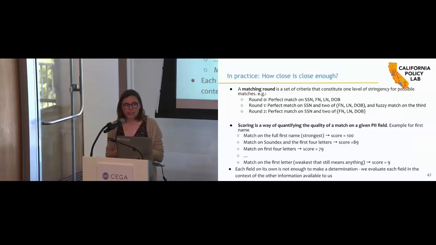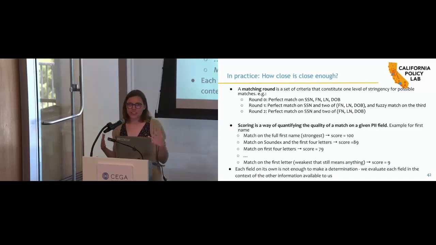Typically a perfect match on the full field would be given the highest score. In the example of first name, we'll maybe do combinations of some of the fields. A match on soundex and the first four letters is the next highest, and we keep going and rank those sequentially.